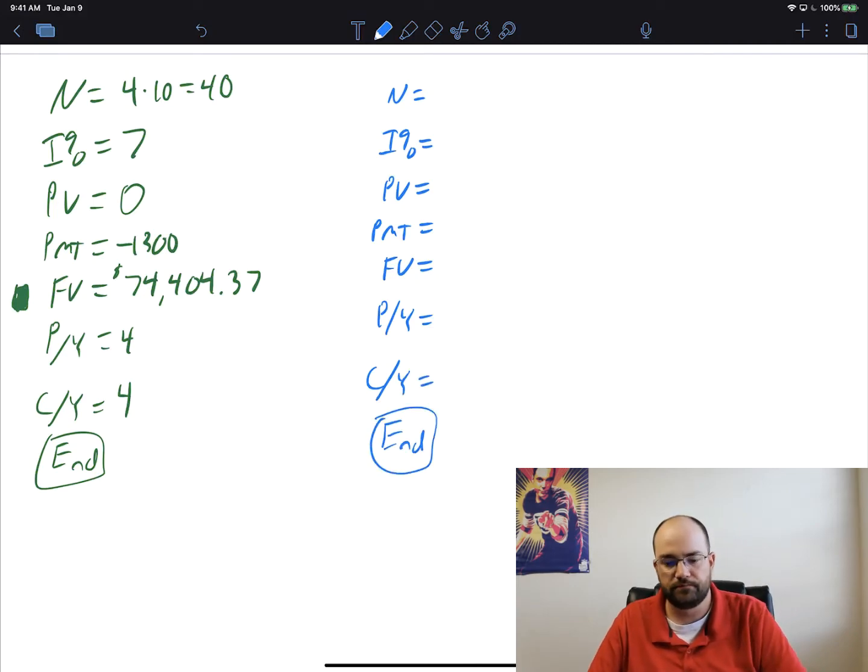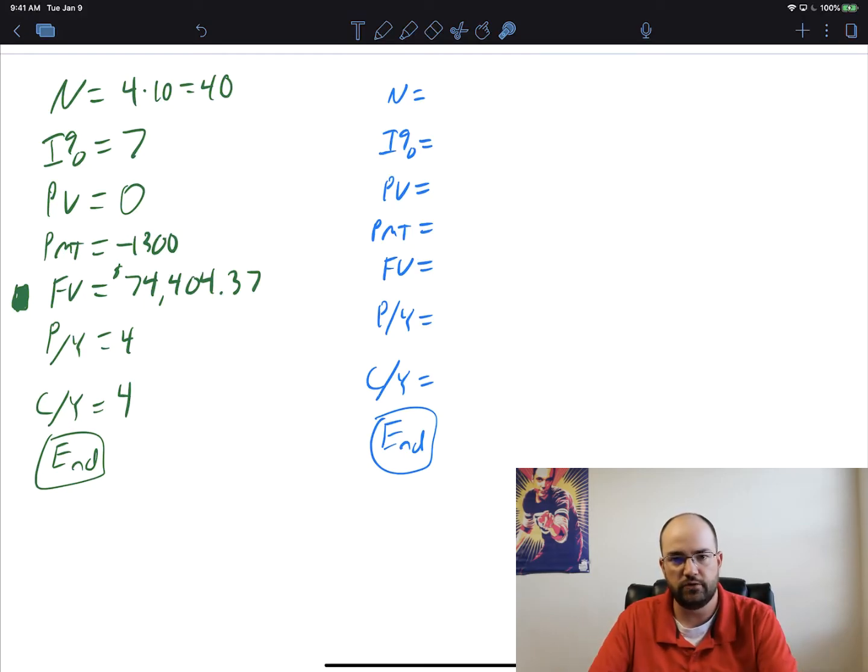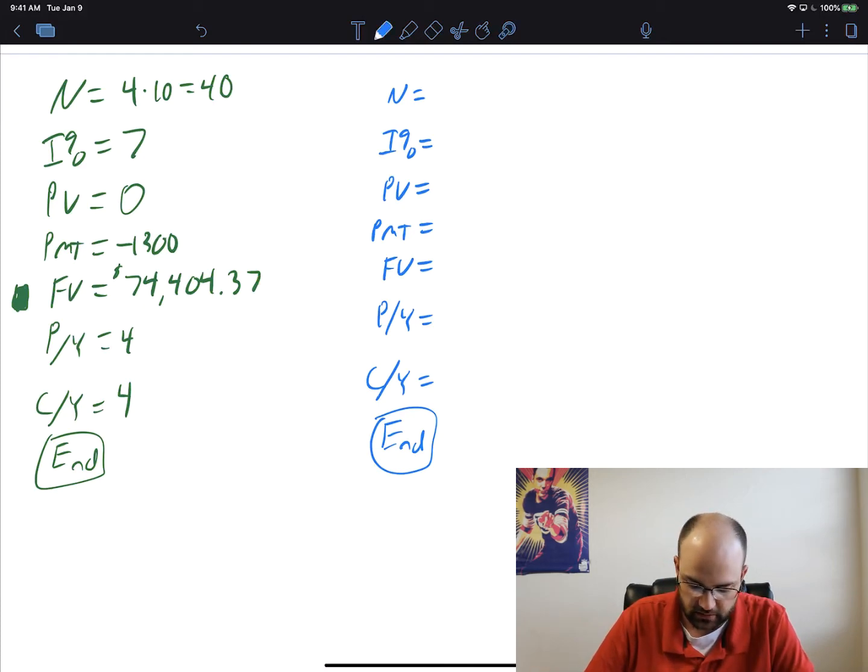Okay, so for this new annuity, we're going to take the future value here and put this into that new account. So she is receiving this money and then she's going to immediately put it into another account, which means she's going to lose it again, but that's going to become the present value of that new account.